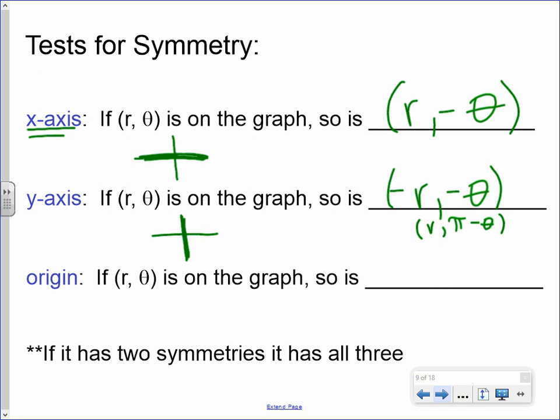Okay. If we have origin symmetry, that's the one I was thinking. If r, theta is on a graph and it has origin symmetry, then there is also which coordinate?